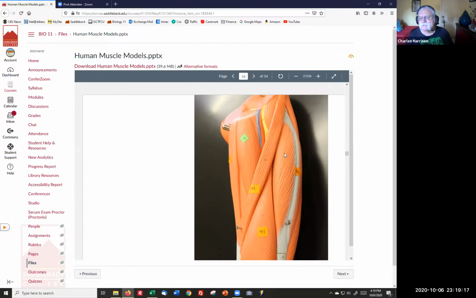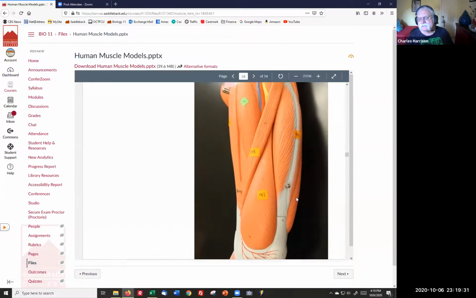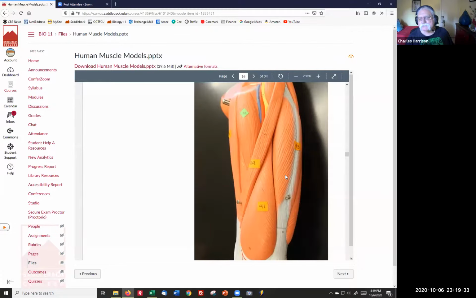This muscle would be better shown to you from the front. Okay. This is one half of it, the other half comes right down to the knee. This is the rectus femoris.